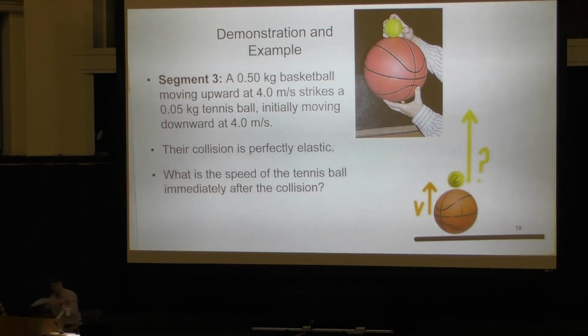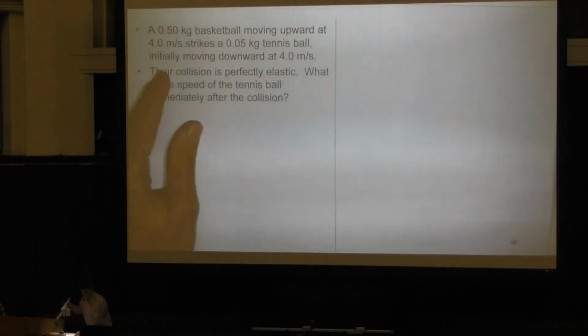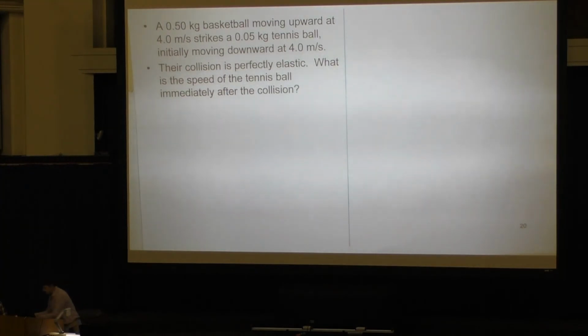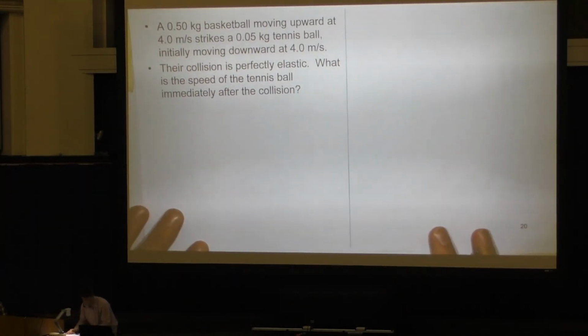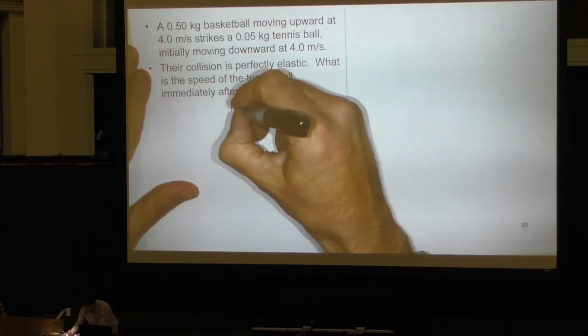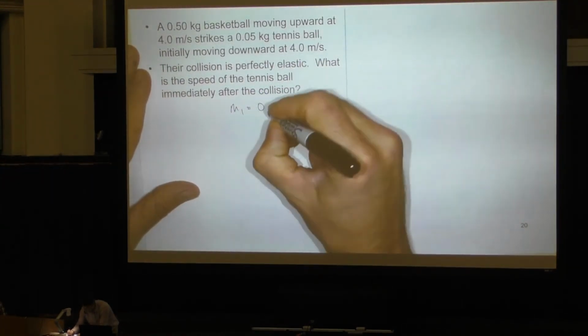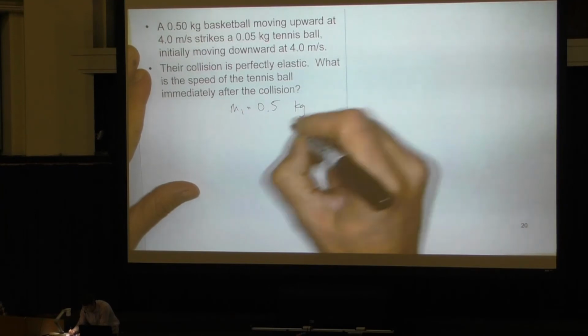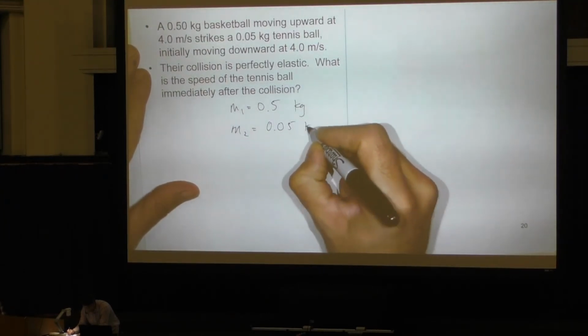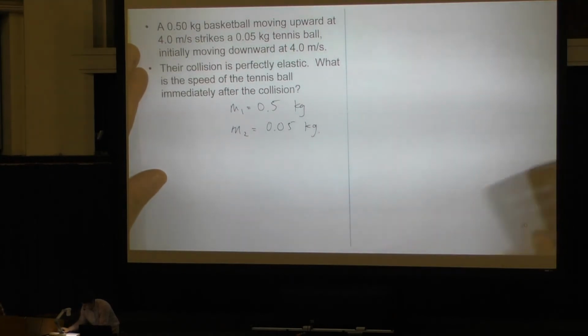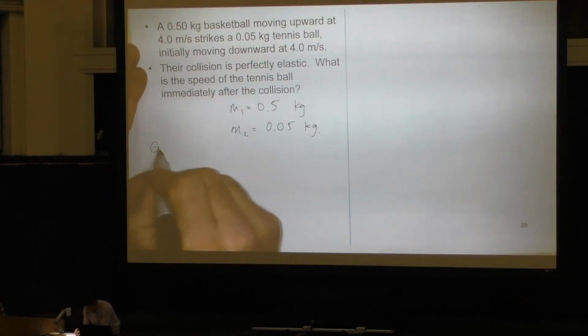So we can do this like a homework problem. Okay, so we're going to say that M1 is the basketball, the 0.5 kilograms, and M2 is the tennis ball, the 0.05 kilograms.